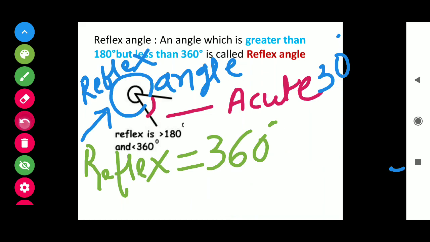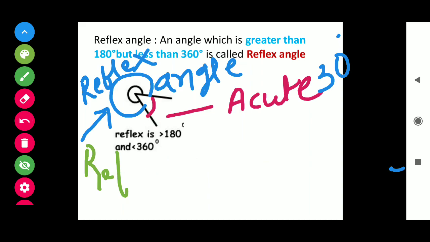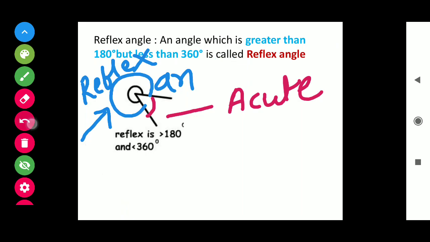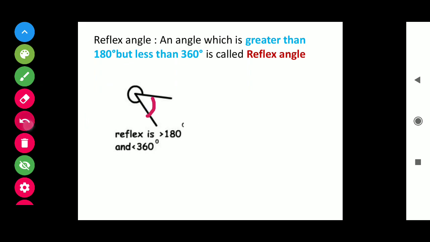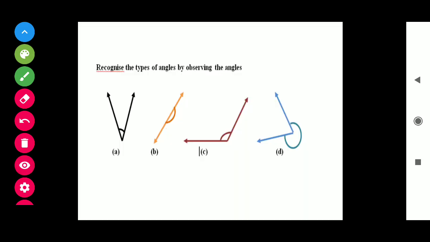Maybe you will learn all these things in next standard or in next chapter, but you need to know. So I have shown you in advance. Next one, I have given you some angles, and you have to decide the types of angles by observing only the angles.